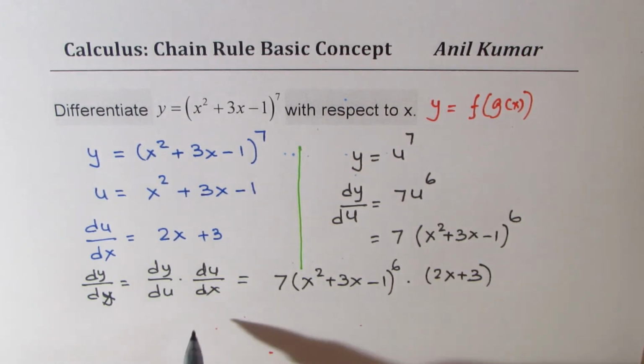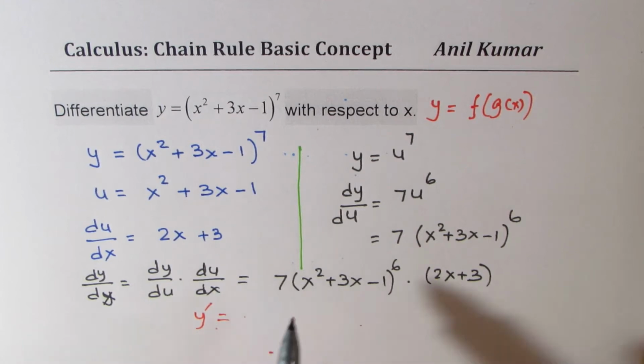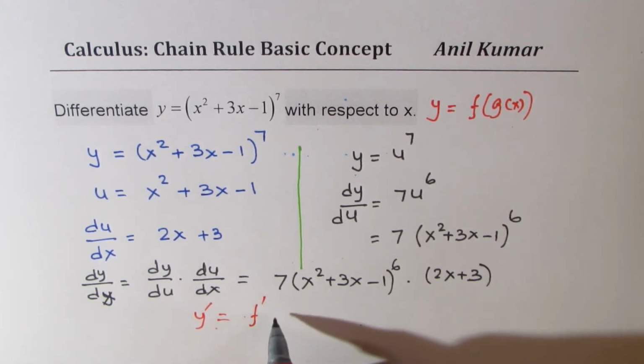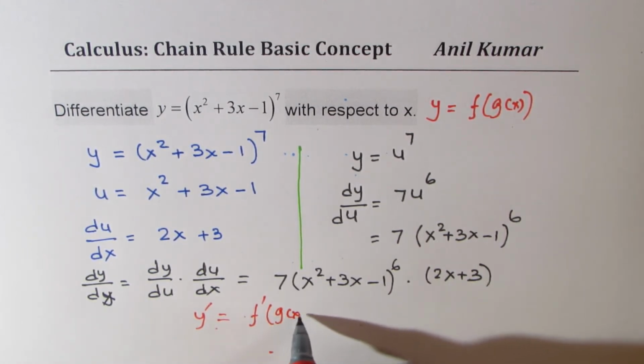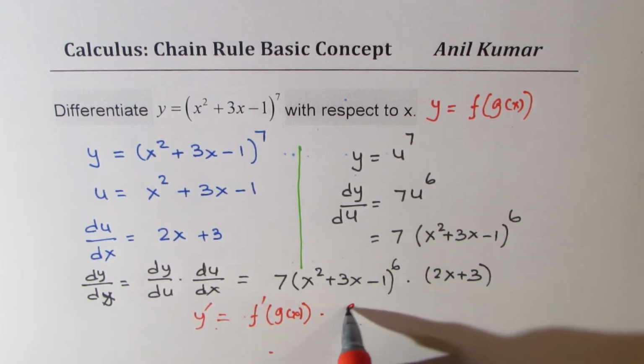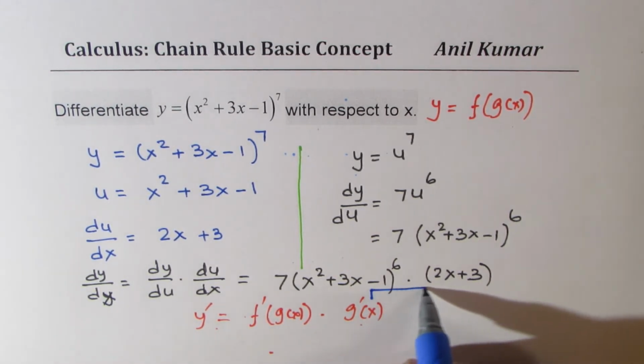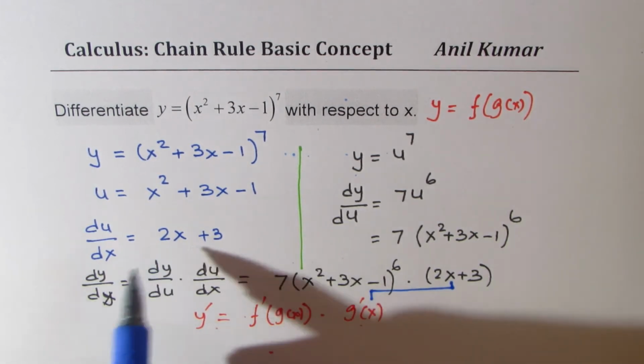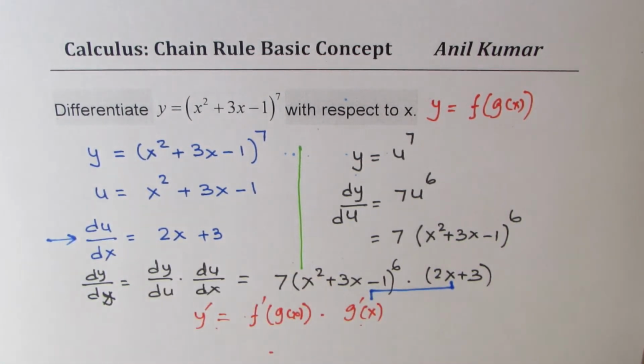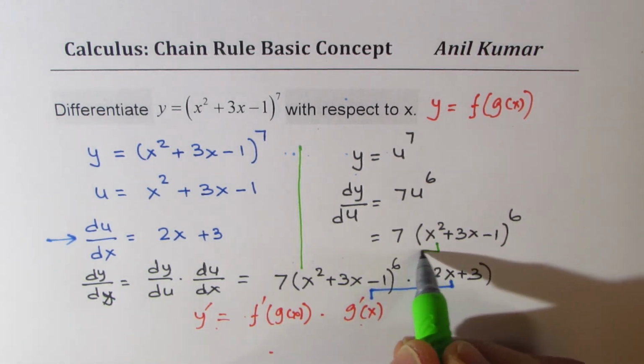Now you could see here that y dash, the derivative of y, is equal to the derivative of the outside function times the derivative of the inside function. So this is the derivative of the inside function. Do you see that? du/dx, basically, which we are talking about. And the derivative of the outside function is here for you.